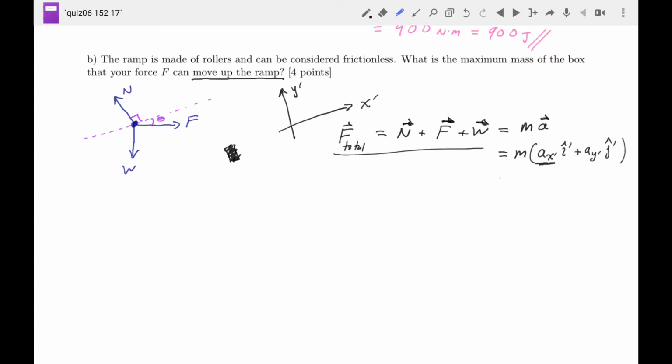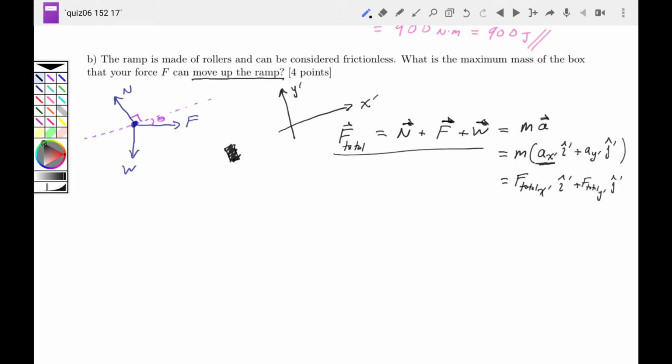So this question is asking something about the total force in the x prime direction. Let me just put the y prime direction also on here for consistency.